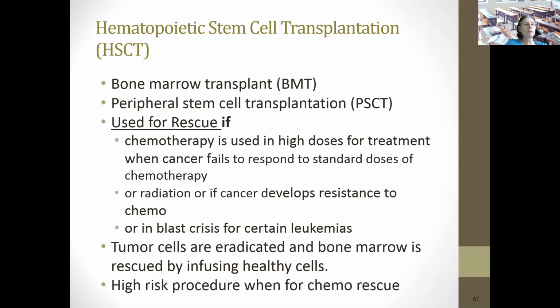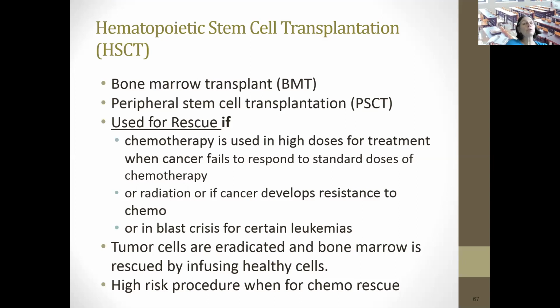If the chemotherapy is in really high dose and they're severely myelosuppressed, and their cancer was bad, it didn't respond to normal chemo, we had to give them high doses, they got significantly myelosuppressed, and we wiped out their bone marrow. Or if their radiation wiped out their bone marrow. Or if their chemotherapy became resistant to the normal drugs, we had to give a different combination in high doses for resistant cancers.